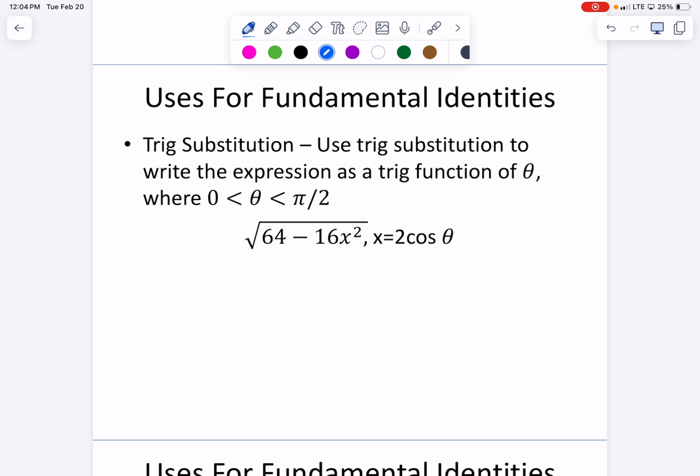So we're going to use trig substitution to write this expression as a trig function of theta, where theta is between 0 and pi over 2, which means we're in the first quadrant, right? So I'm just going to draw my first quadrant here, and x equals 2 times cosine of theta.